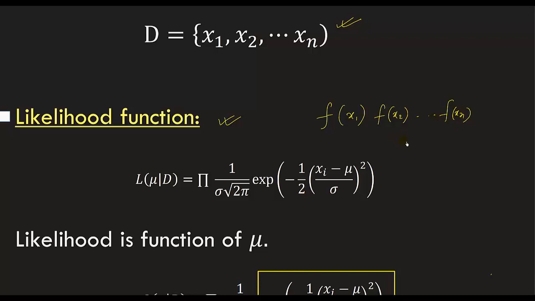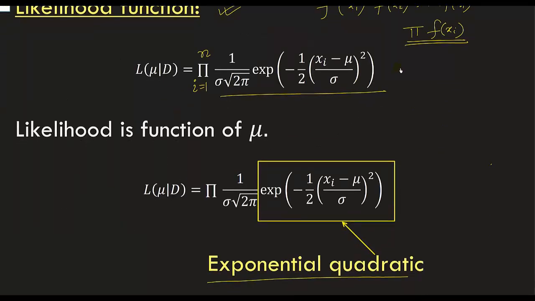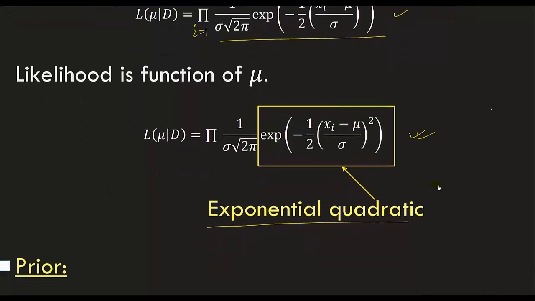So basically I can write the product of f(xi), where f(xi) is nothing but a normal distribution. The same thing is written here, and i goes from 1 to n. This function can also be written here, the same thing.